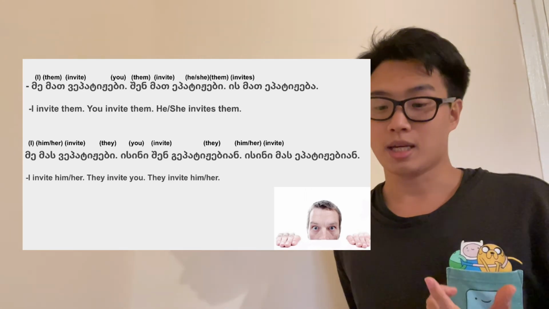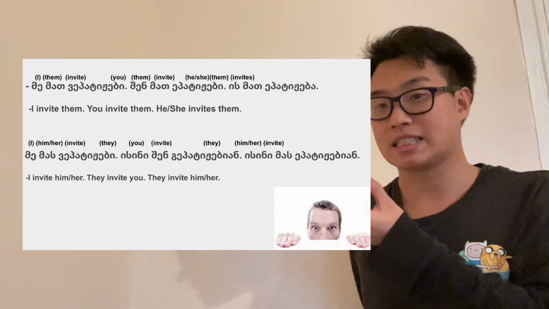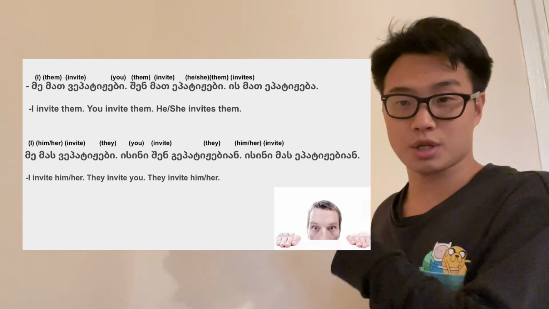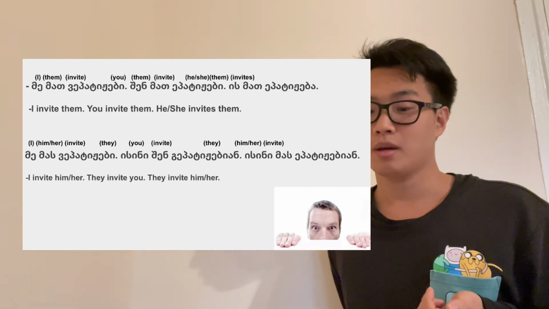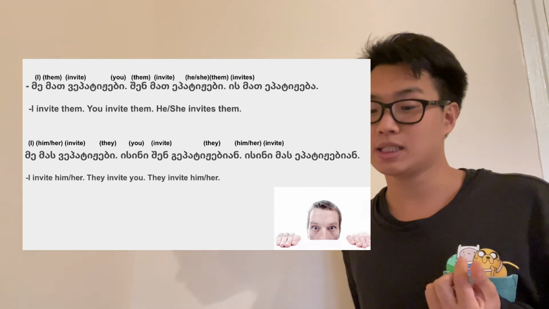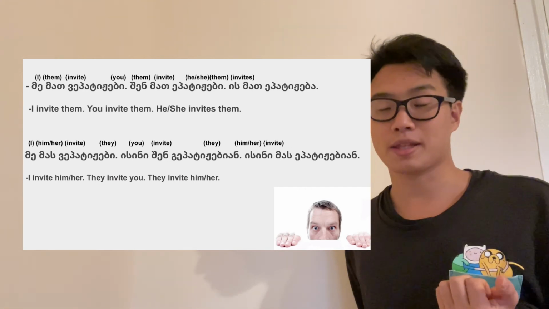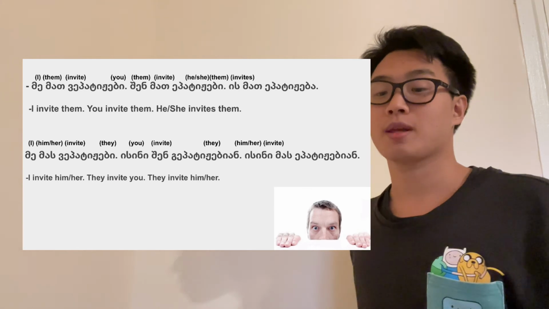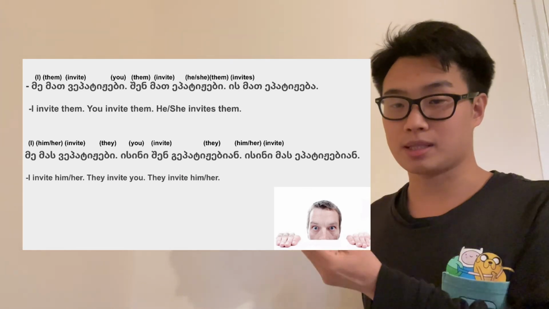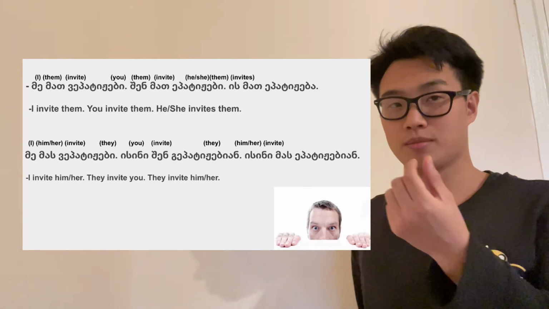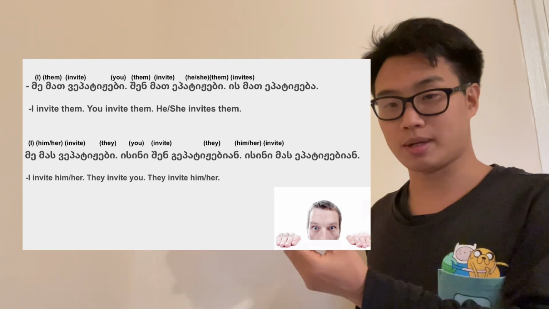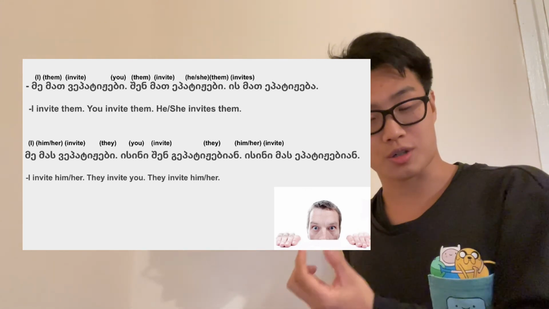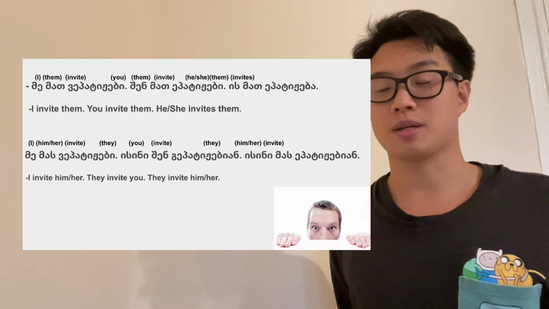Isini shen gepatijeben. G, right? This objective affix. And the last example here, isini mas epatijeben. Isini, nominative case, subject, and mas, he, she, him, her. Isini mas epatijeben.